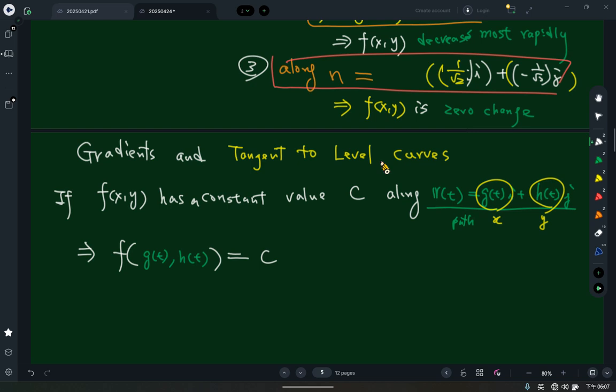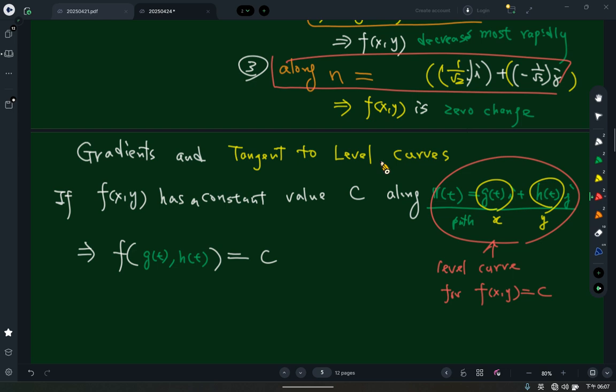So we can regard this as a level curve for f of x, y equal to c.